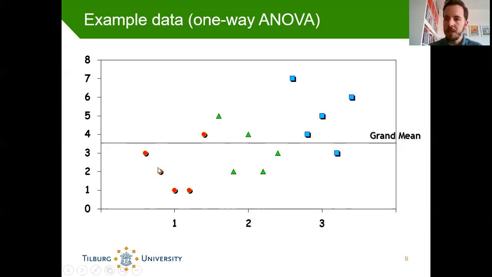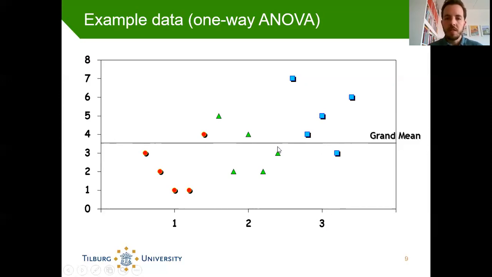For each individual in each group, we have a certain score here on a scale of 0 till 8. Those scores can be different for different participants, right? So here, those 2 guys have the same score of 1, and this guy has a score of 2. This one here has a score of 3, etc. So all those different individual participants have a different score.